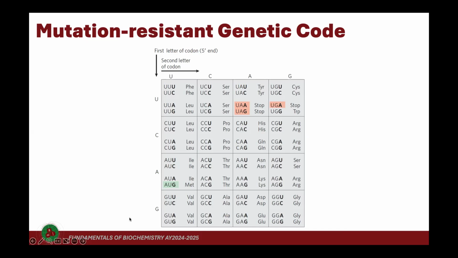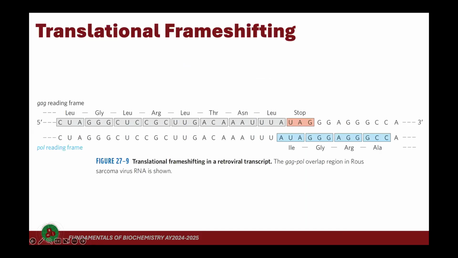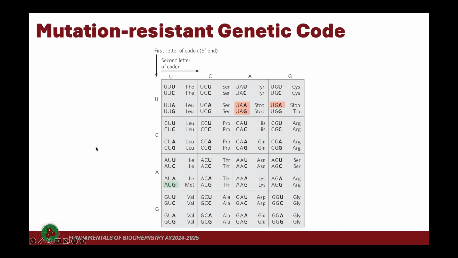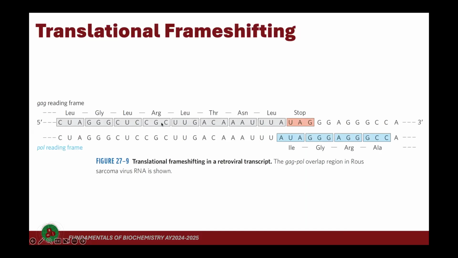Okay. And yeah, so that is why we have 61 codons for the 20 amino acids. See, these codons are not random. The degeneracy is not stochastic.